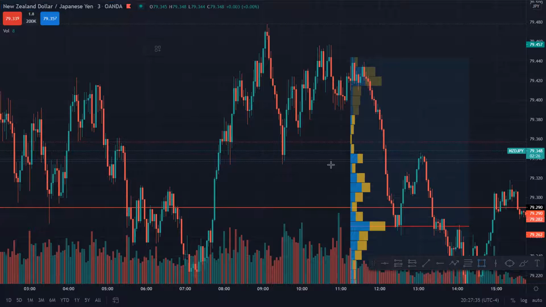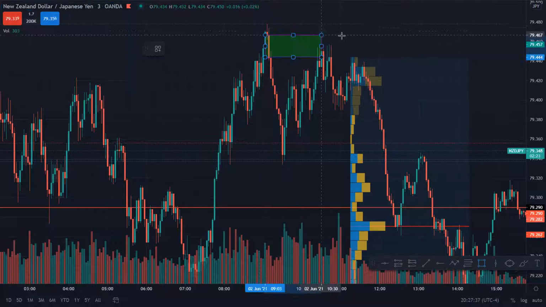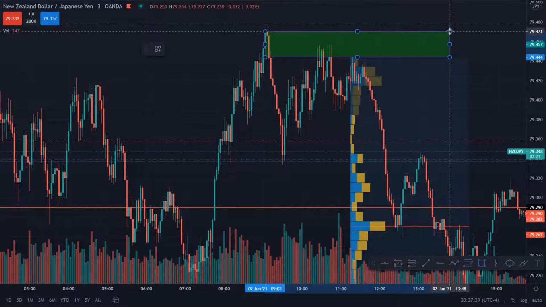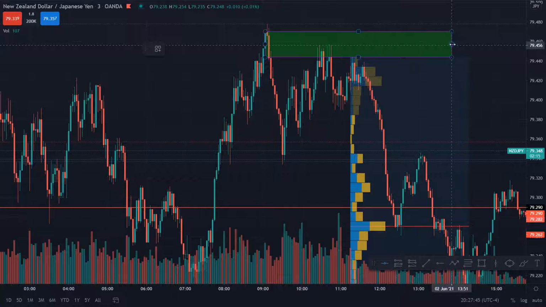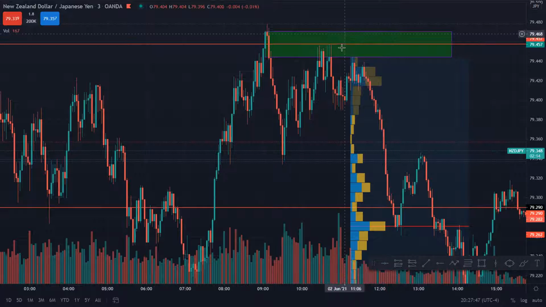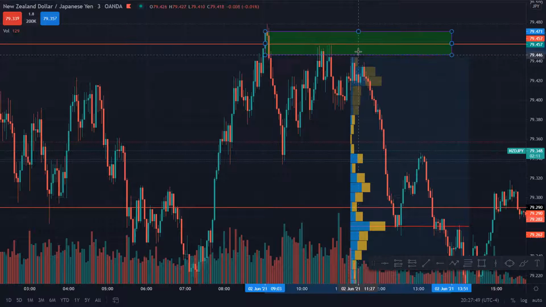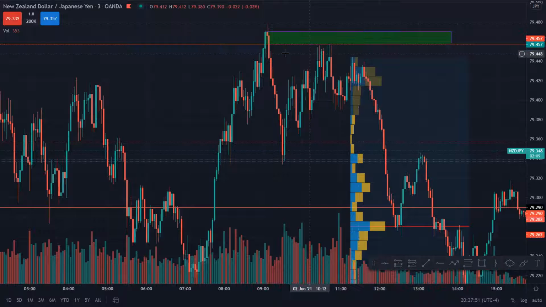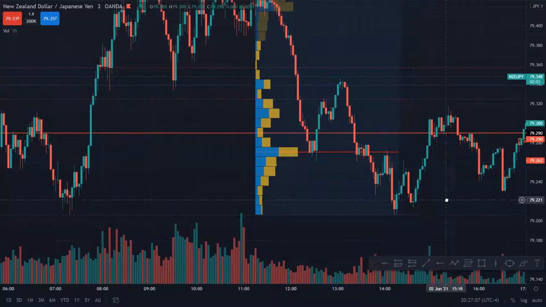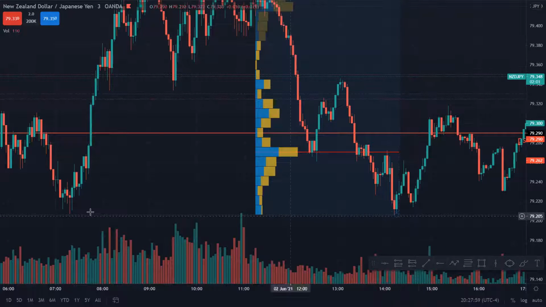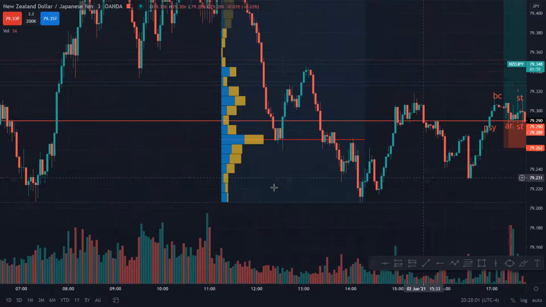If you don't know what order blocks are, that is covered in the mentorship, so I don't want to waste so much time going over that. So it came around the 50% line, which is a pretty nice mitigation of that, almost perfect actually, and then moved prices down significantly lower to around the same level as this, testing again.